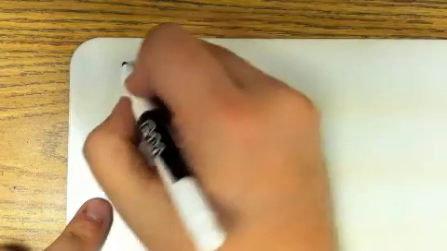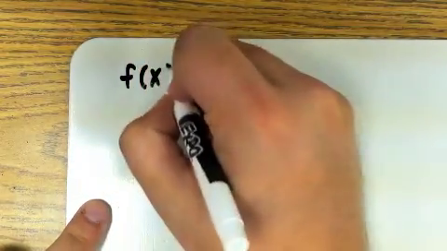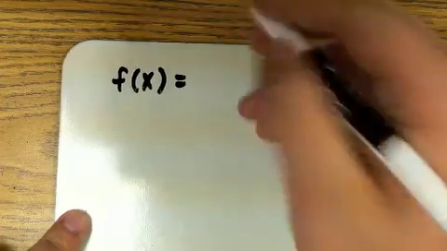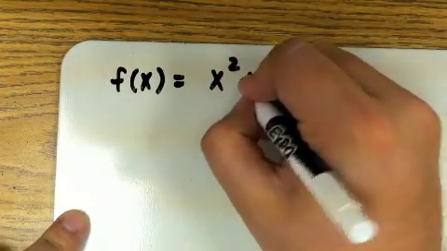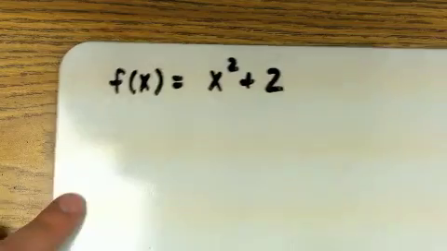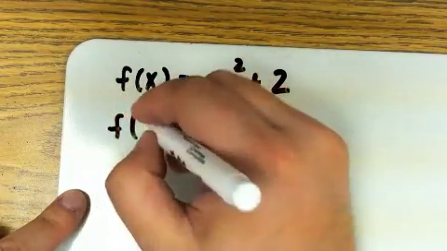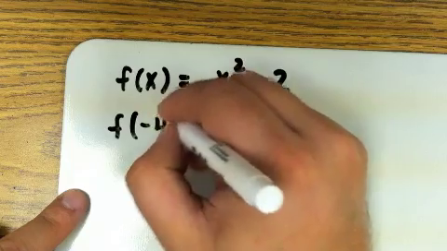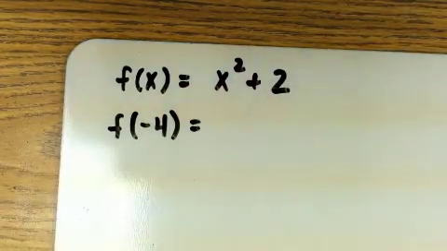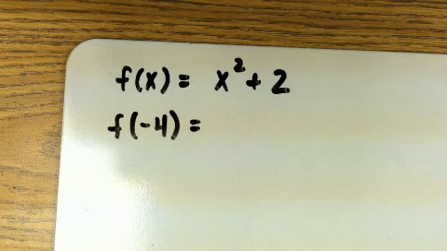Okay. So let me change up the function a little bit. Suppose I say f of x is equal to x squared plus 2, and I want you to evaluate f of negative 4. Now, I will tell you right now, just from firsthand experience, anytime that you substitute, plug in, evaluate, however you want to phrase it, I always use parentheses.